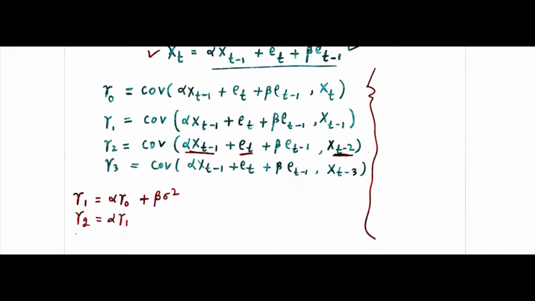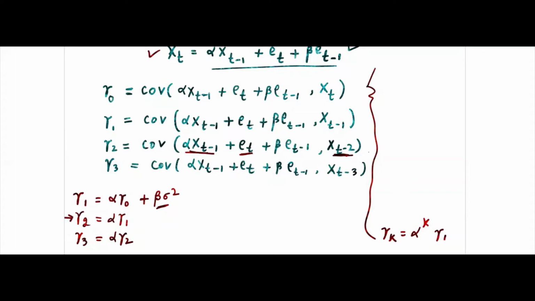So now there won't be any problem. Gamma 3 will be alpha gamma 2, and you can proceed further. You will not get these terms again. So you can write finally gamma t or gamma k, whatever way you want to write, after the second term. It becomes easier. So you can write gamma k is equal to alpha to the power k minus 1 gamma 1.